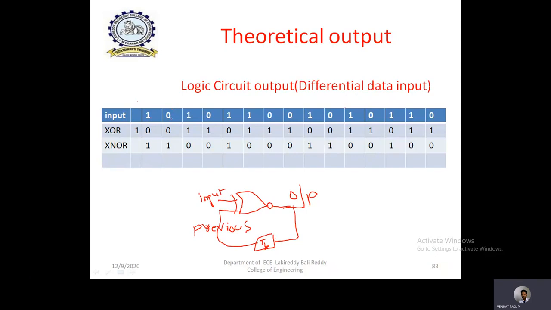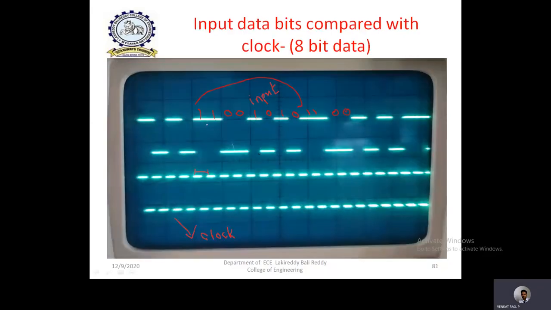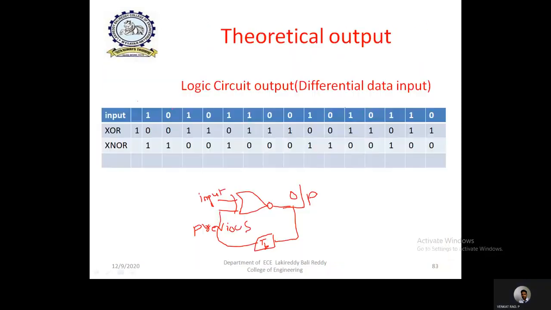For example, this is the input sequence, also observed from the waveform. In this waveform, our input is 11001010. Here also, I can clearly observe somewhere else that 11001010 is repeating.